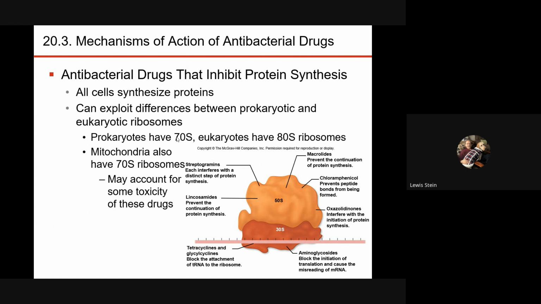So medicines that target this are notorious, not for allergies, but for side effects. That's what limits their use. Unfortunately, since we have them, that's where the problems occur. And it doesn't matter to me where they attack it. There's a ton of categories. They are used all the time.